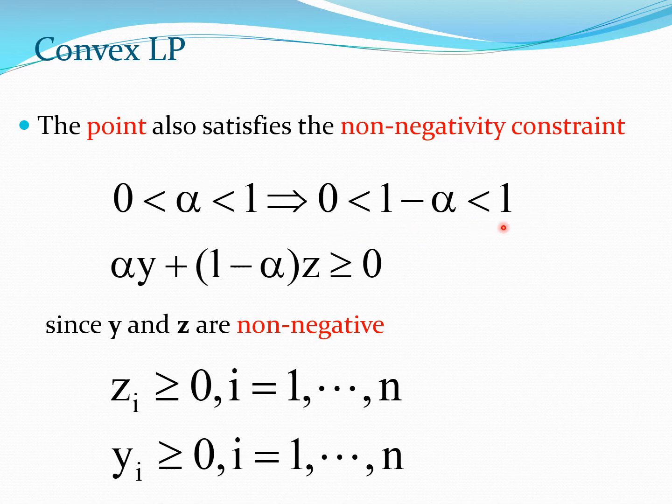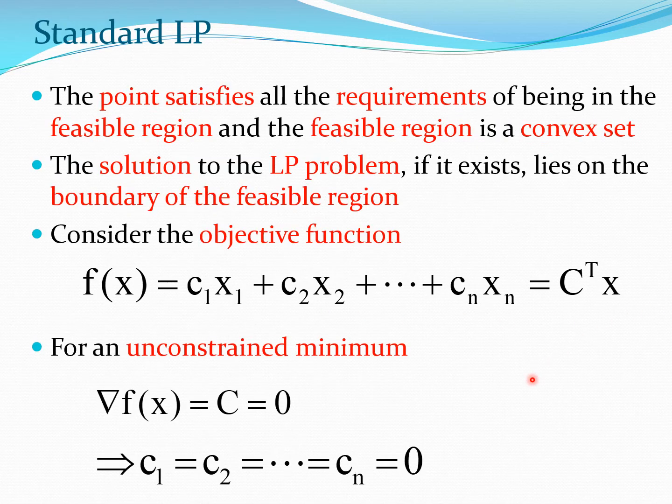So with this knowledge we can conclude that this new point will be greater than or equal to 0 because all the z's are greater than or equal to 0 and all the y's are greater than or equal to 0. Therefore, if these numbers are also positive, then this new point also satisfies the non-negativity constraint and therefore it lies within the feasible region, therefore proving convexity. So we can say that this point between y and z satisfies all the requirements of being in the feasible region, and the feasible region is therefore a convex set.